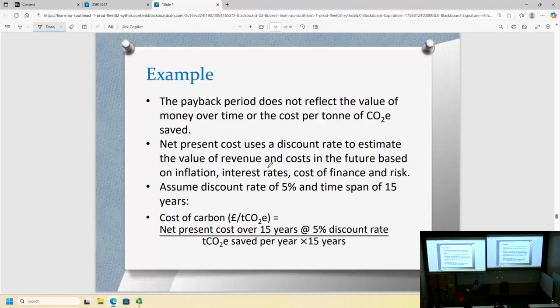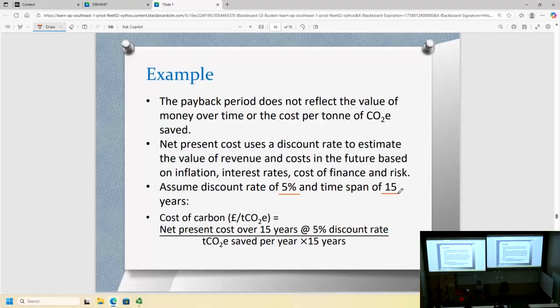So let's say in this project we assume a discount rate of 5% and a time span of 15 years. So we will install a renewable energy system, and this renewable energy system will help us to reduce the carbon dioxide emissions. And we want to find out after 15 years how much money can be saved, and how much carbon dioxide can be saved.